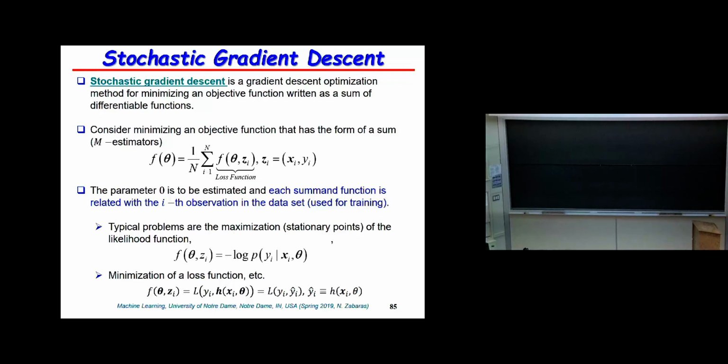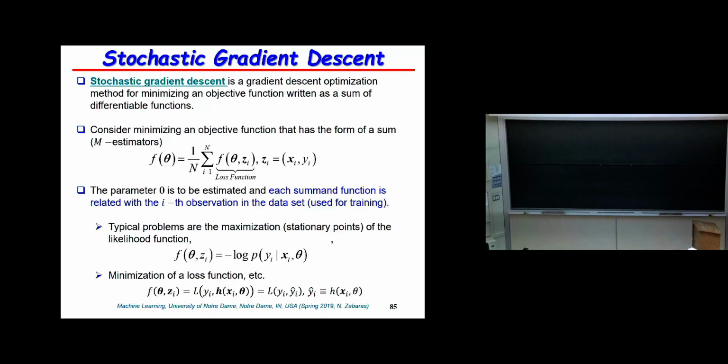So imagine that you have to minimize a function with respect to some parameters theta. I will give you specific examples in a second. That's what we did with maximum likelihood, and what we do with MAP estimation, minimizing loss functions, etc. But now we assume that this function is written as a summation of functions that have an index i, and these functions are computed separately for each data point.